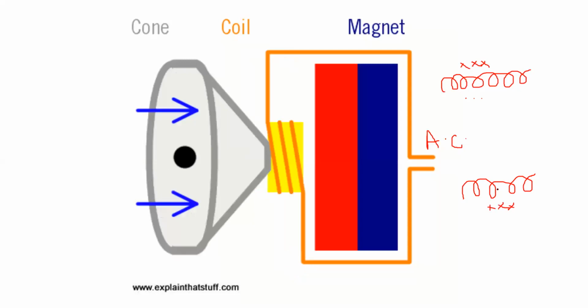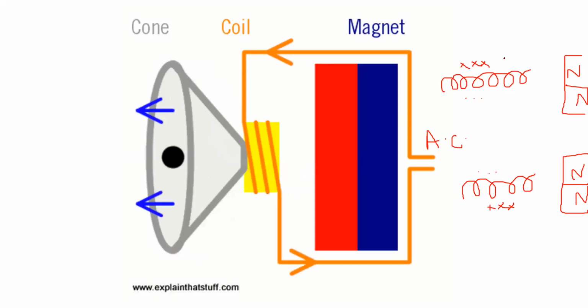Since current flows in two different directions, the north poles are going to be different. Now, if I bring the north poles of magnets towards my solenoid, using the right hand rule we can find out the north poles of this electromagnet.